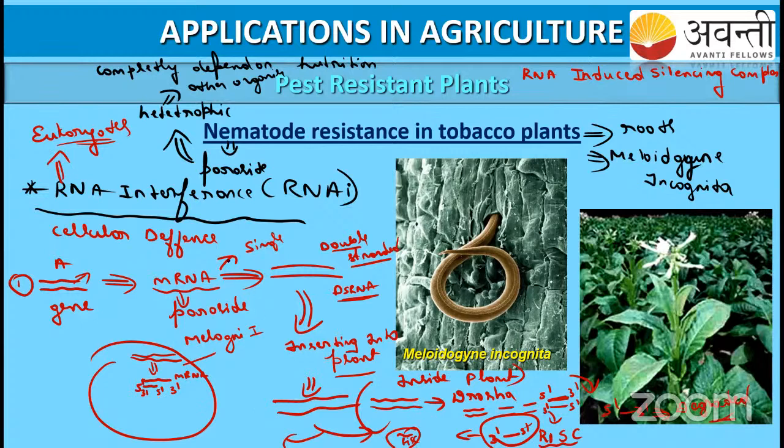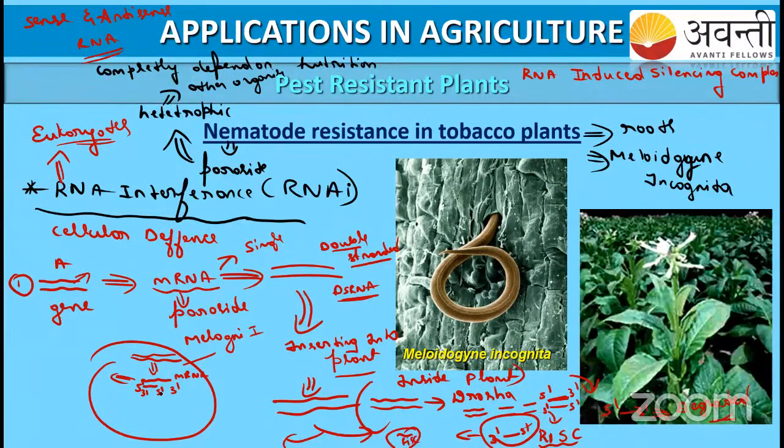So here you have to remember that it is having both the sense and the antisense RNA, right? Both the sense and the antisense RNA are produced. So see here, this incognita mRNA is there, and the single stranded RNA with the RISC complex which is produced in the plant.